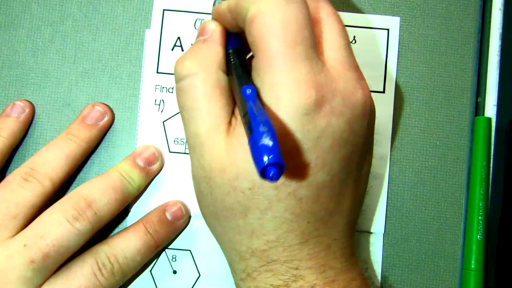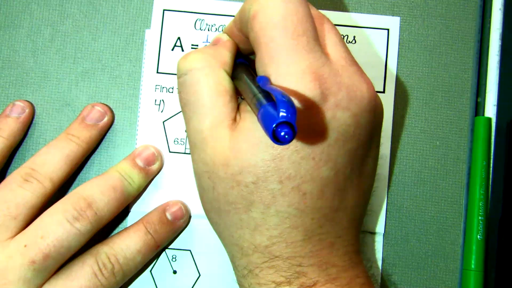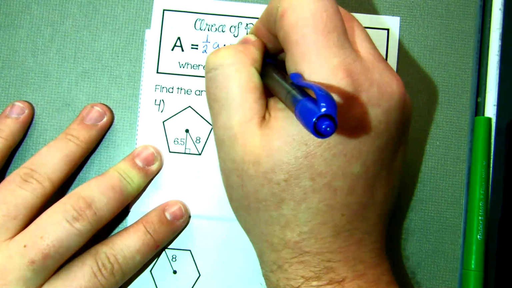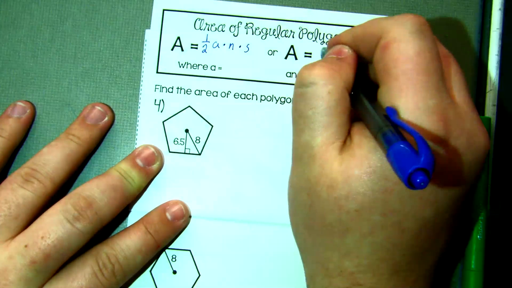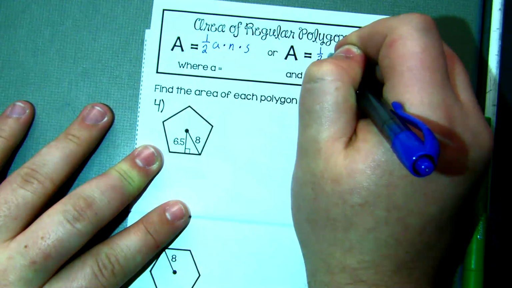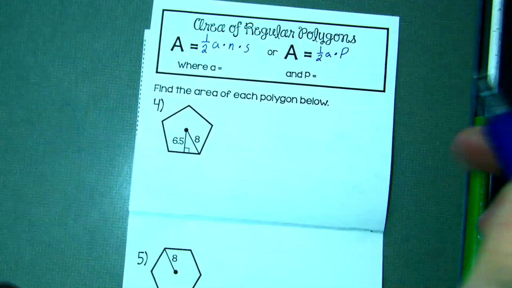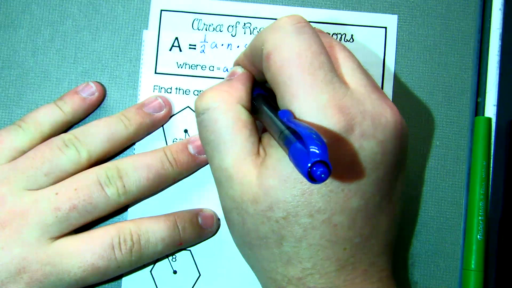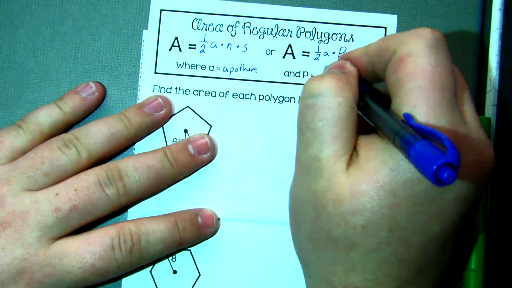We're going to say A equals 1/2 apothem times the number of sides times the side length, or A equals 1/2 times the apothem times the perimeter, where little a is apothem and P is perimeter.